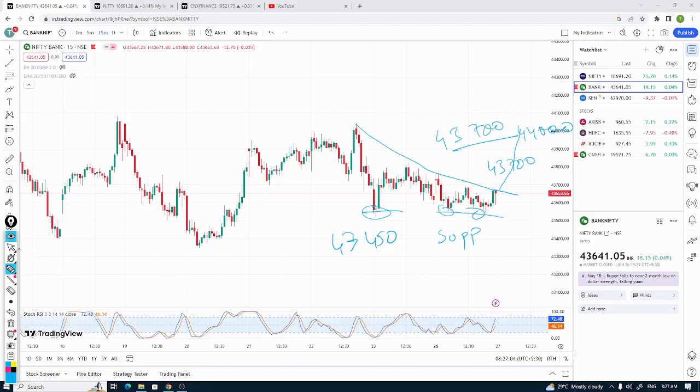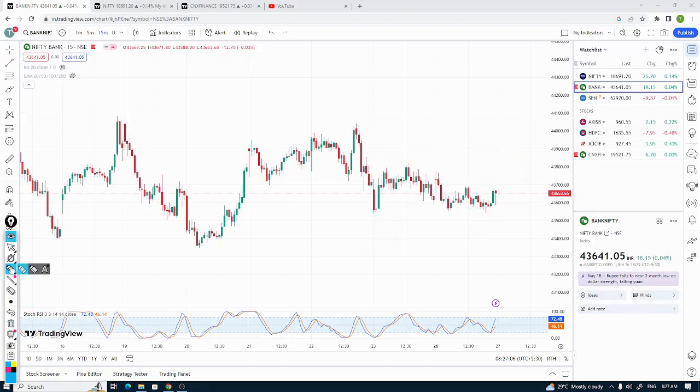So if we are observing based upon the sellers and buyers, here is the buying zone. If the market has opened gap down, all these buyers will hit stop loss and the market will move drastically towards the 43,200.